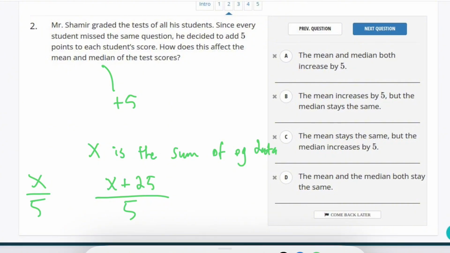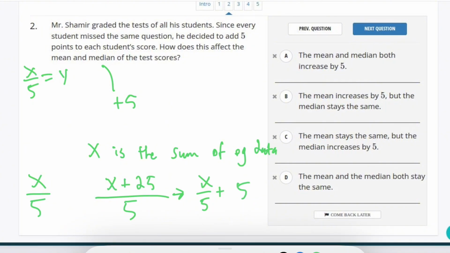So the original mean was x over 5. Let's set another variable: x over 5 is equal to y. Here, for our new mean, x plus 25 over 5, you could also write this as x over 5 plus 25 over 5, and 25 over 5 can just be written as 5.